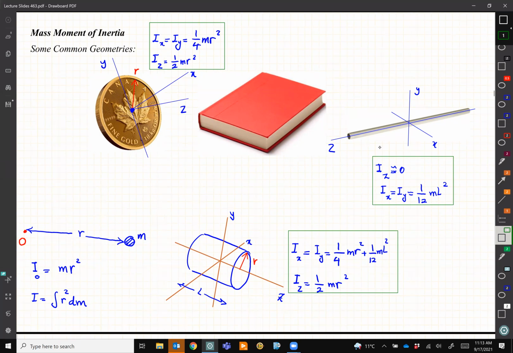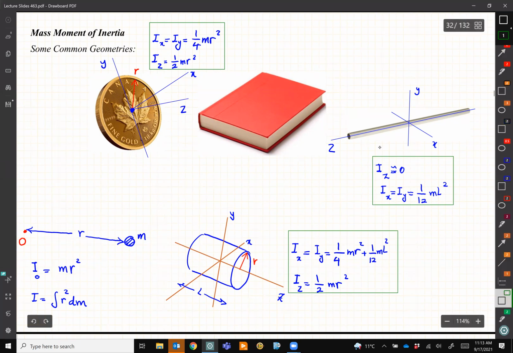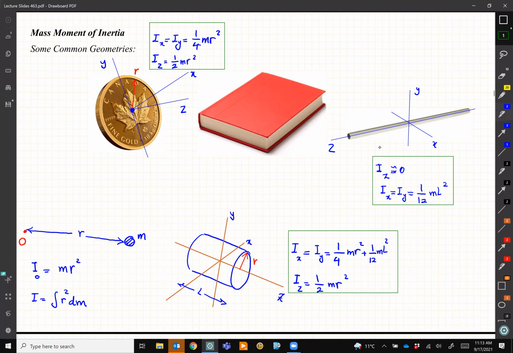And a box, which is more like this box, let's say has dimensions A, B, and H. Then about 3 axes. And again, remember these axes are passing through the center of gravity.